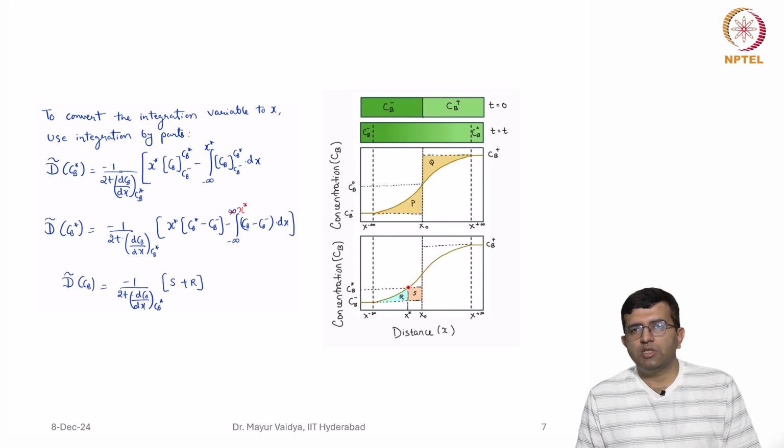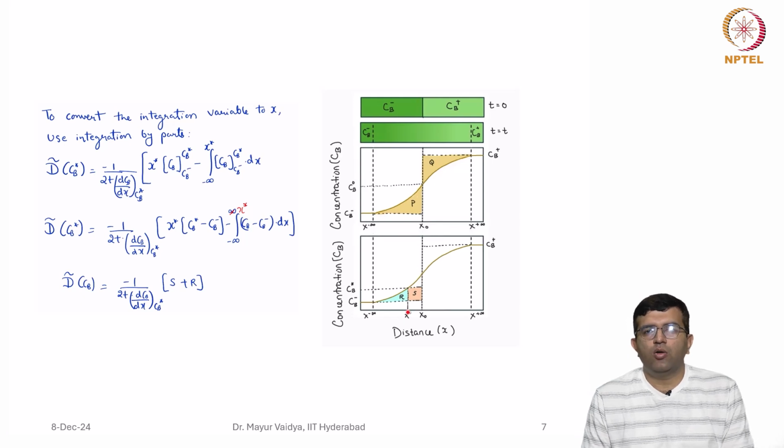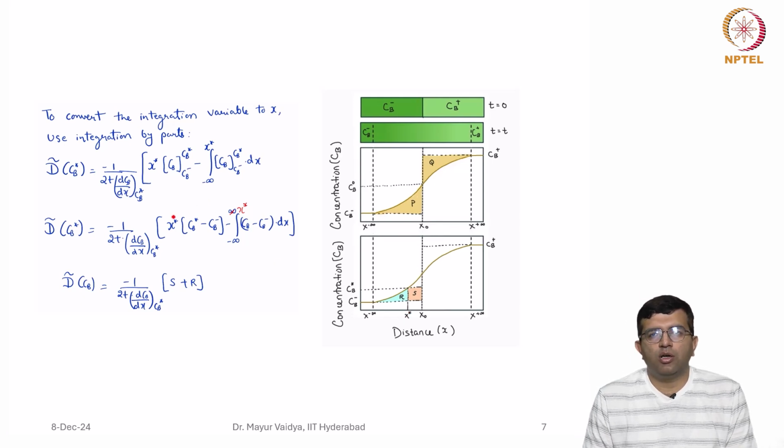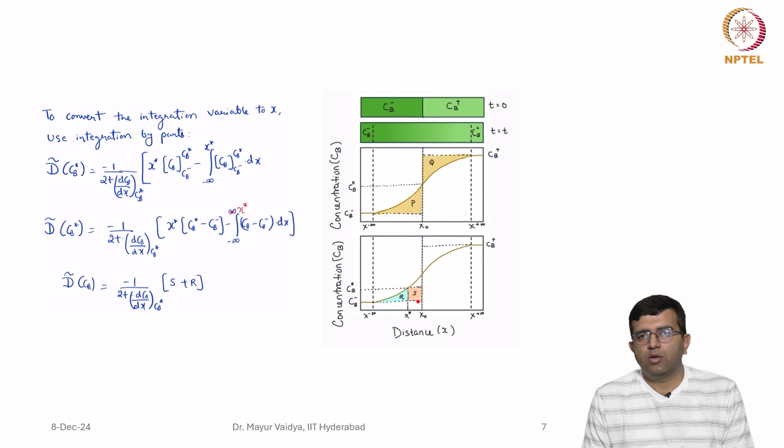Now Cb star is located at a distance x star, so this is at a position x star. Now what is this term? x star into Cb star minus Cb minus is nothing but this area S. Here x naught is 0, so this is the distance x star into Cb star minus Cb minus. So this is the area of this rectangle basically. So this is the area S.